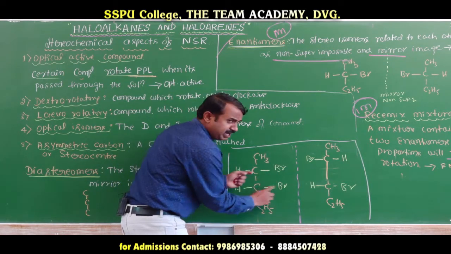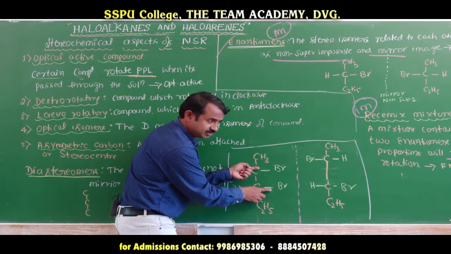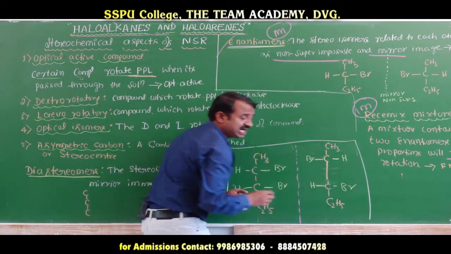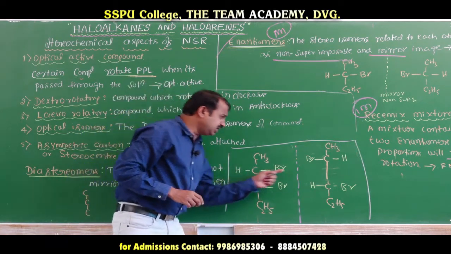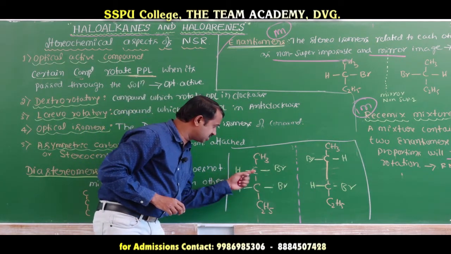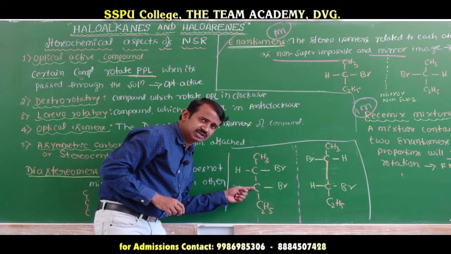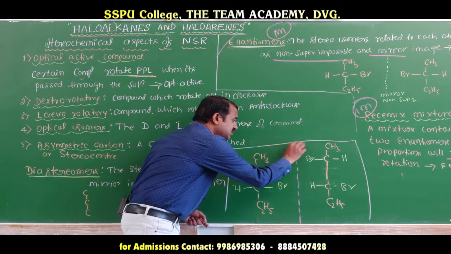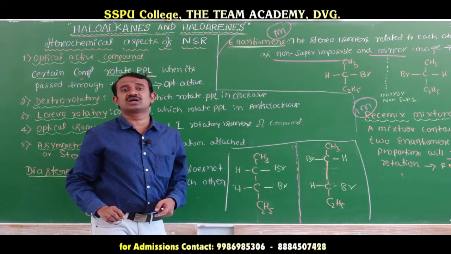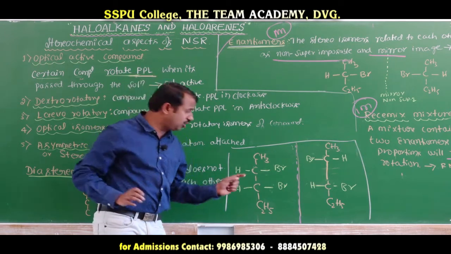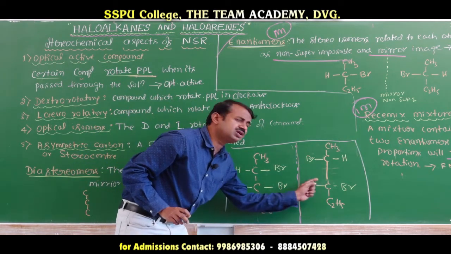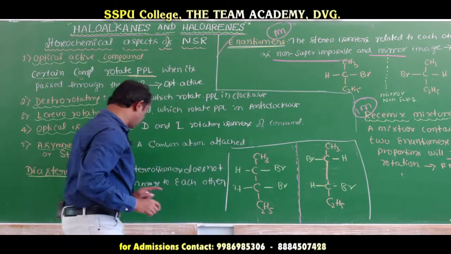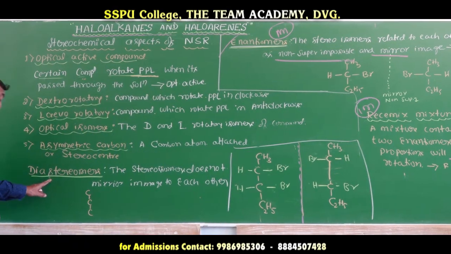Here Br is on the right side, but here one Br is on the right side and one on the left. Both have stereocarbons, but they are not mirror images of each other. Chiral compounds or stereoisomers that are not mirror images of each other are called diastereomers.